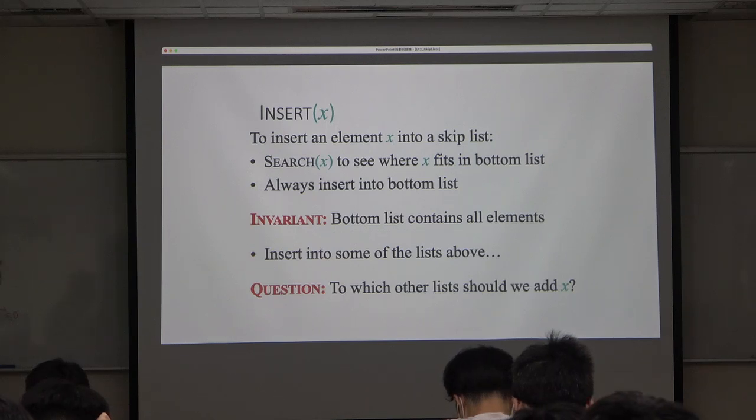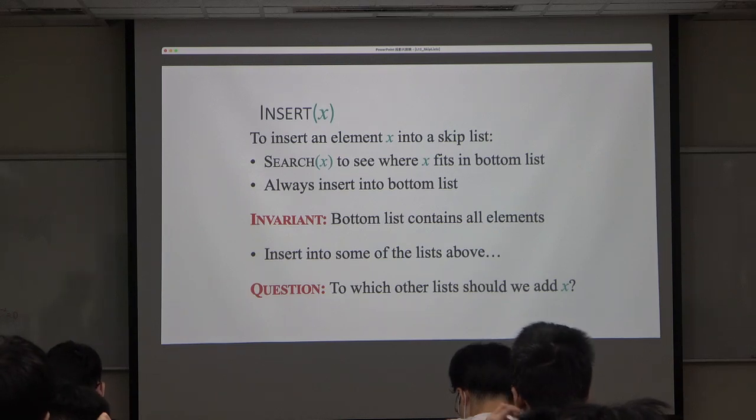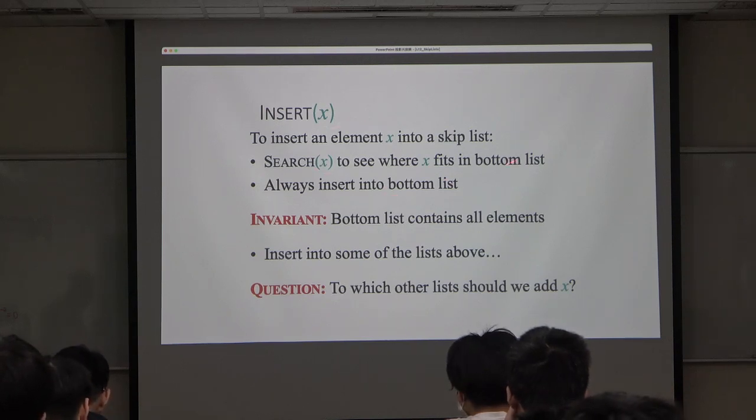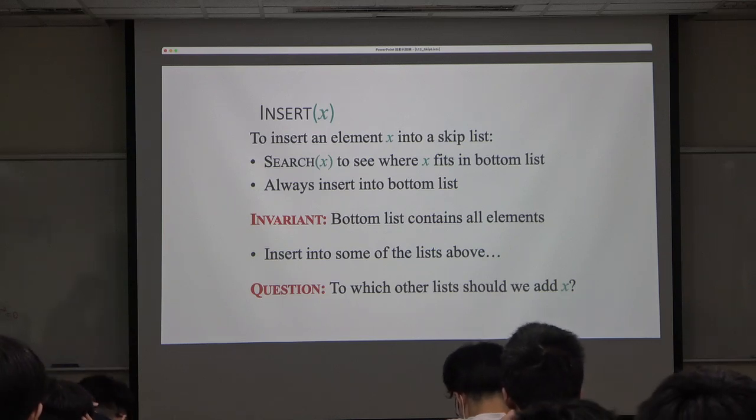Eventually you find a place that fits X, so you put it in. You always insert this new element into the bottom list first, and the bottom list contains all elements, obviously. This is actually an invariant for our skip list.